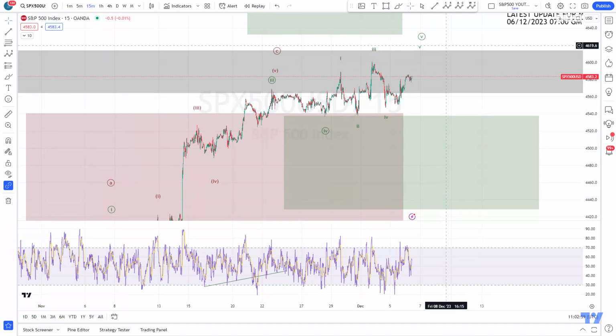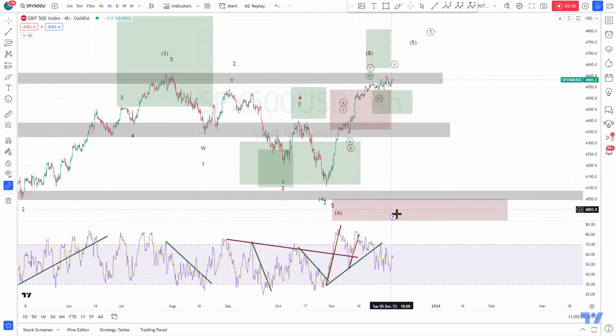This is of course under the assumption that the divergence we are seeing here in the 4 hour remains. If we get some good push up, taking out the divergence, or getting close to taking it out, then we have to consider a scenario where what we are seeing now was again some kind of shallow pullback.